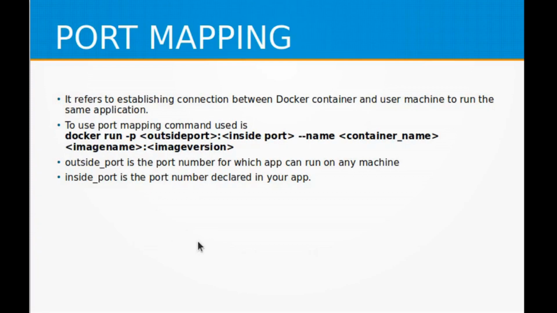So this command is basically for combining the container and the machine and providing the feature to access the application from ports. This explanation may be clear to some, but maybe not clear to all. So let's move to see a practical implementation of port mapping.